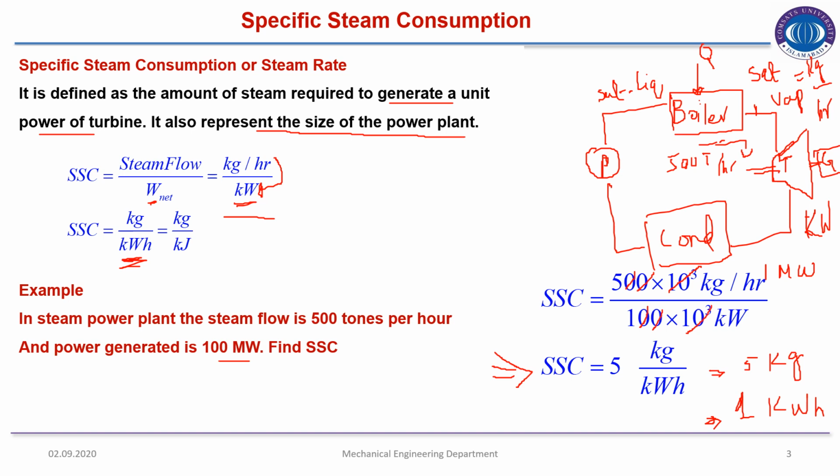For example, here we consider two examples. In example 1, 1 kilowatt hour of energy or power is produced with the specific steam consumption of 5 kg, and in another power plant 1 kilowatt hour of power is produced with the specific steam consumption of 3 kg of steam.